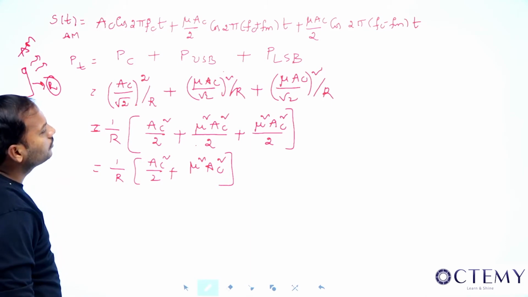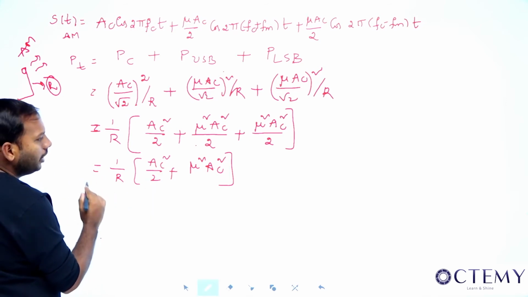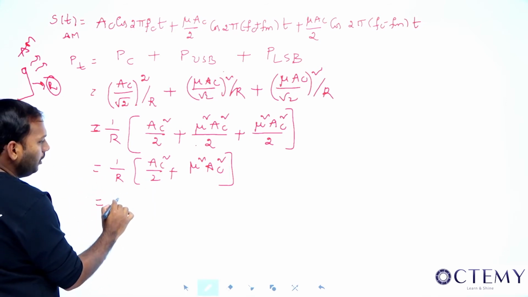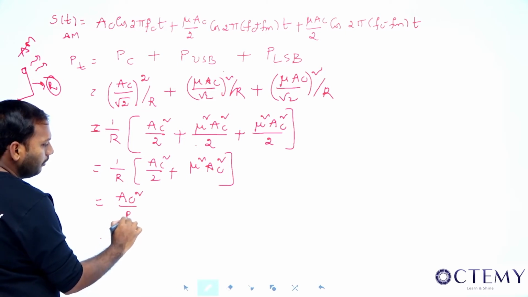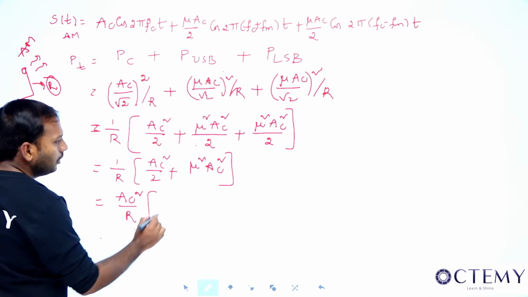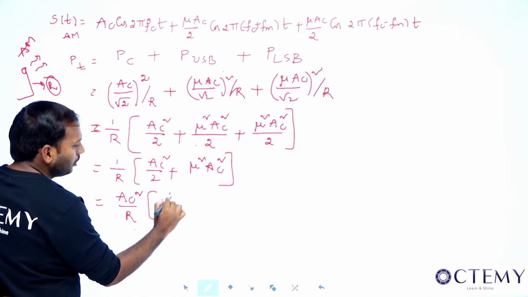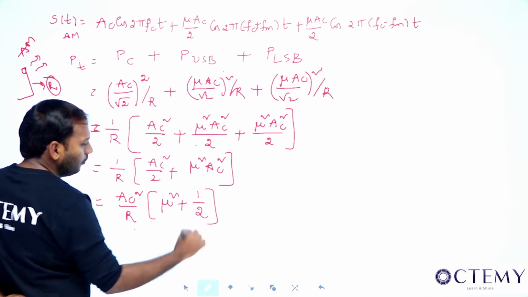Now you can take Ac square common. So Ac square by R, if you take common, you get mu square plus 1 by 2.